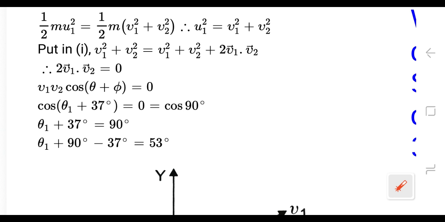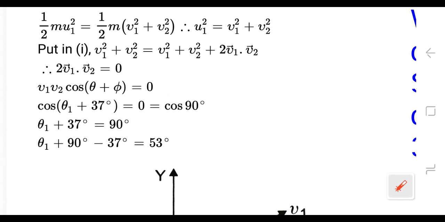So from the dot product, you know that v1 v2 cos the angle between them is equal to 0.